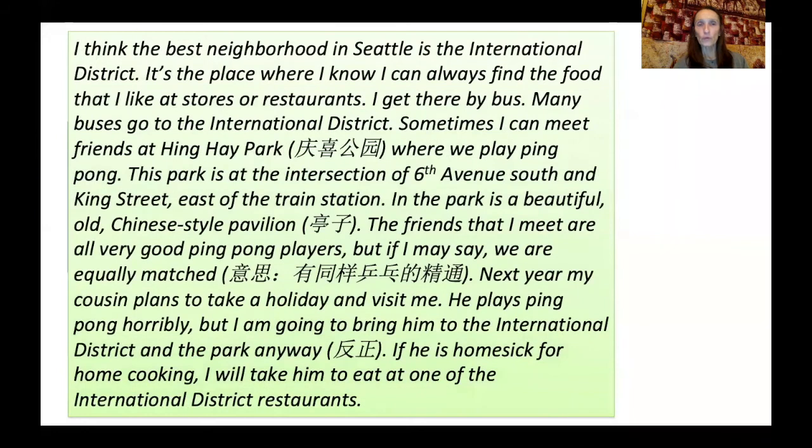So the homework was to write a story about your favorite place in Seattle. And I wrote this story, and I shared this story with you last week. I just showed it to you. So what I'm going to do now is read this story so you can practice listening.